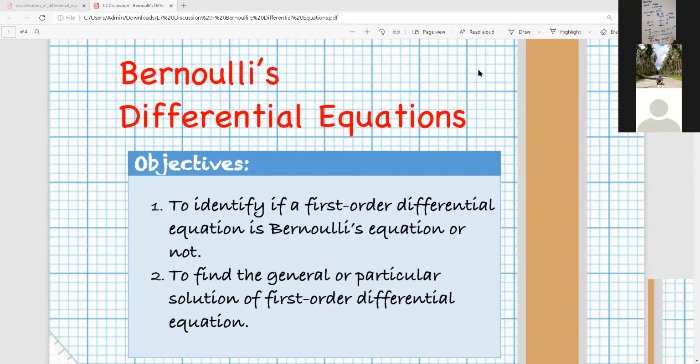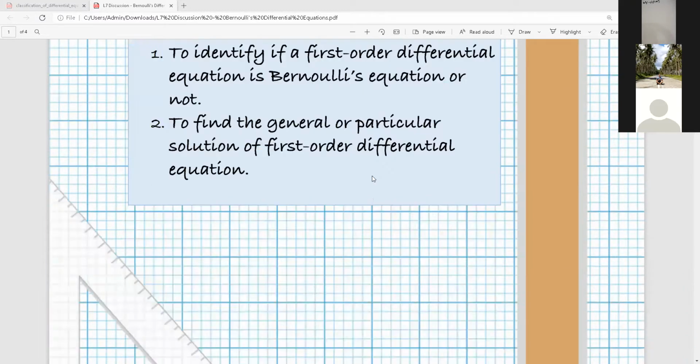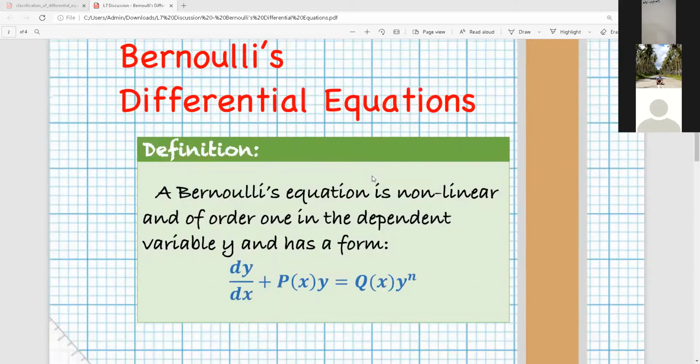So let's have this example. So what is Bernoulli's equation? Bernoulli's equation, if we can transform the equation into the standard form.